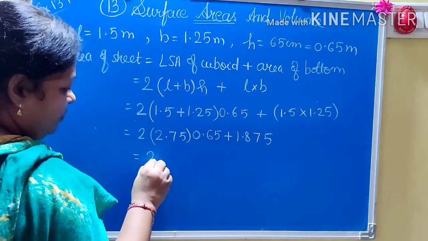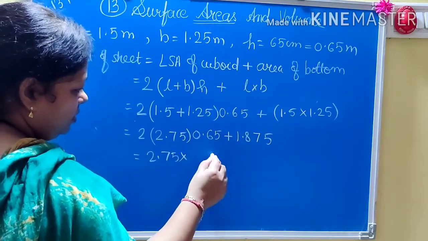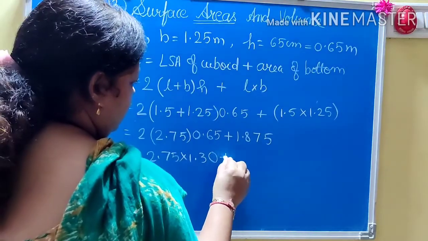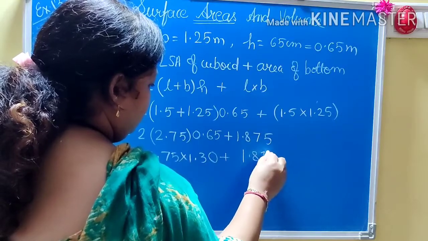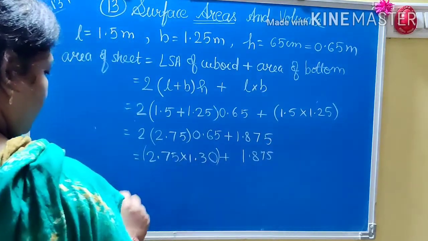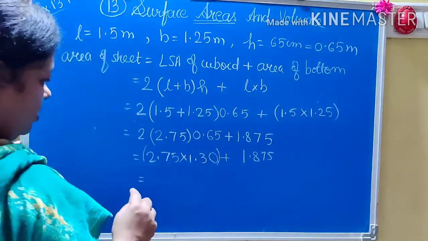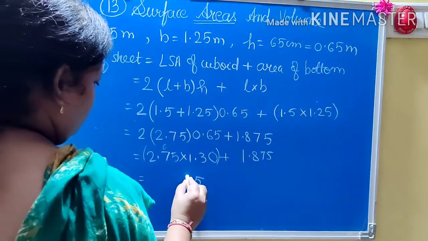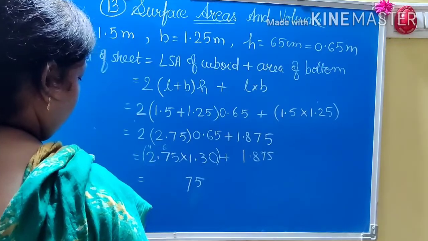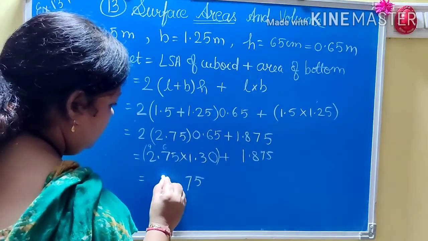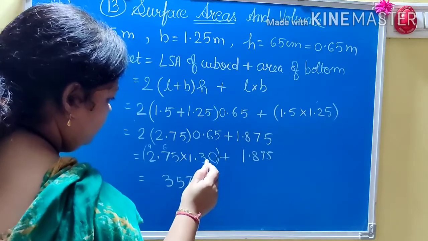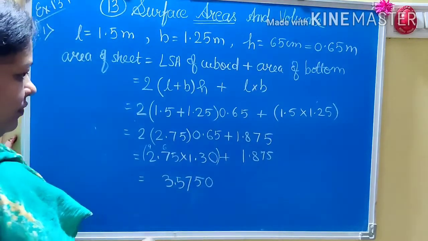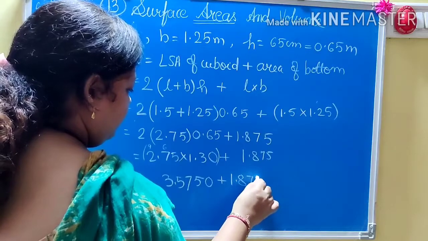Now we'll multiply 2.75 into 0.65 to get 3.575, plus 1.875.